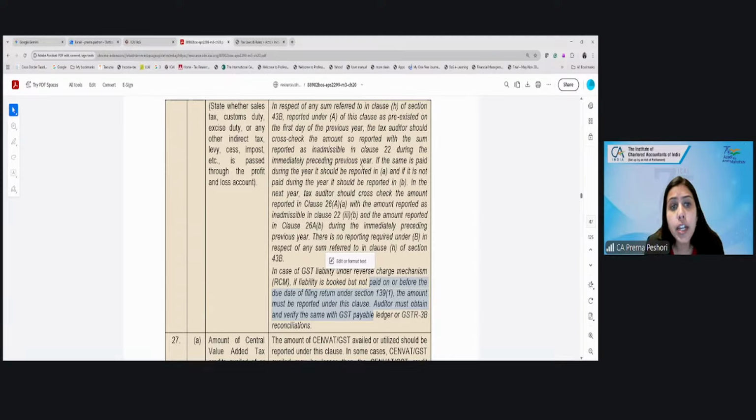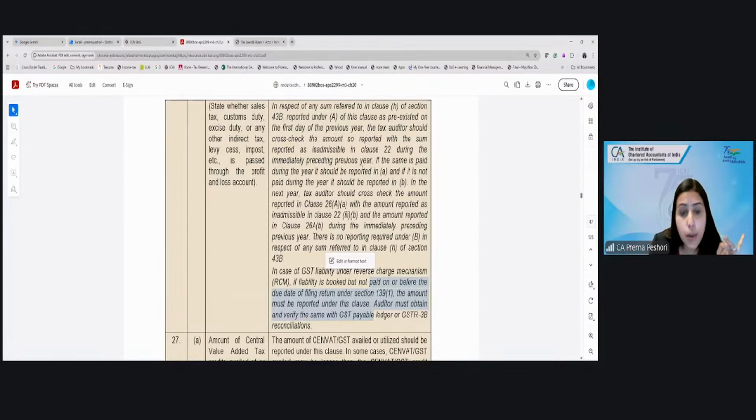And you will also be reporting it under which other clause? Under clause 22. Remember, we discussed in clause 22 also we were reporting it. Okay? Yes or no? Any questions? So if the same is paid during the current year, it should be reported in clause 26.